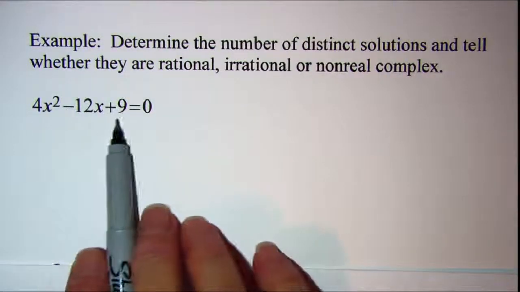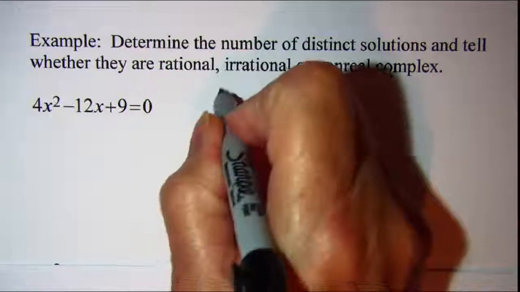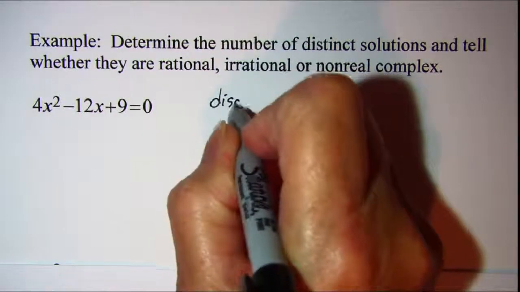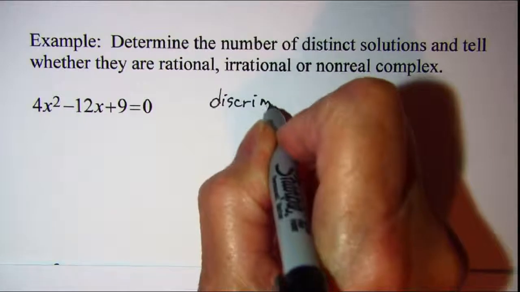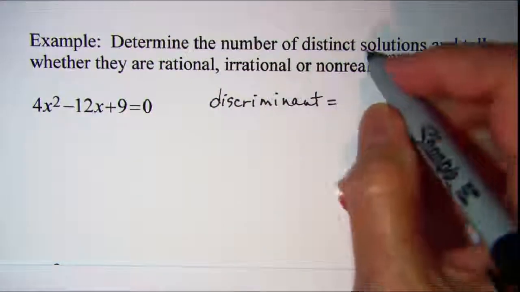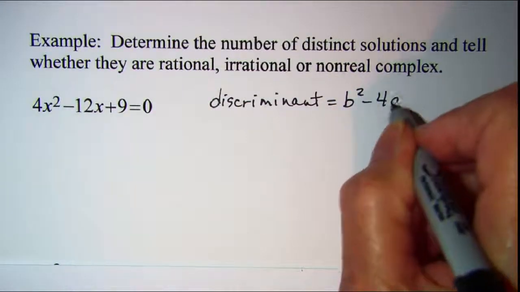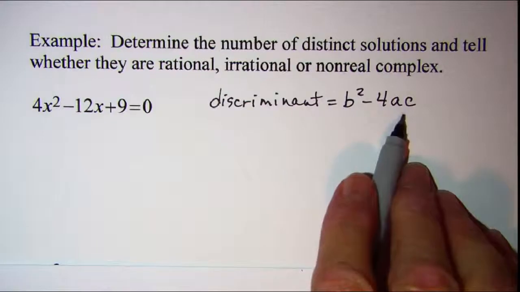So what we're going to do is just look at the discriminant. My discriminant is the part that's under the square root, which is b squared minus 4ac. So that's all I'm going to look at.